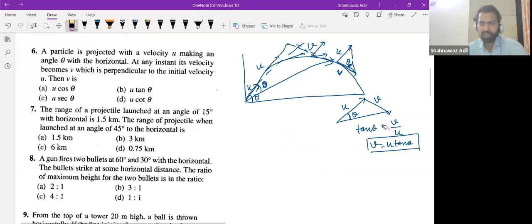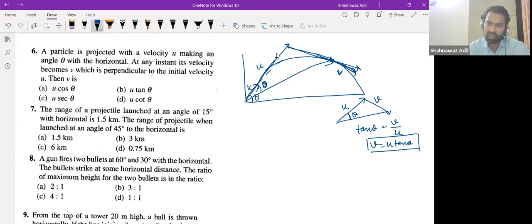Okay, did you guys understand this part? Let me make a proper diagram. So your U vector is this, right? And your V vector is this. So this is your V vector, this is your U vector, and this is 90 degrees. And this was the angle, right?